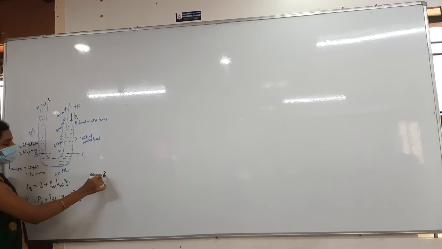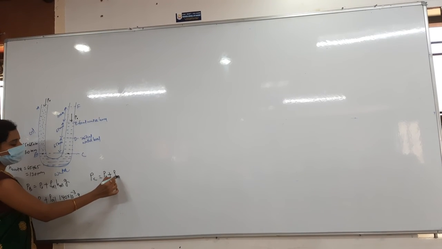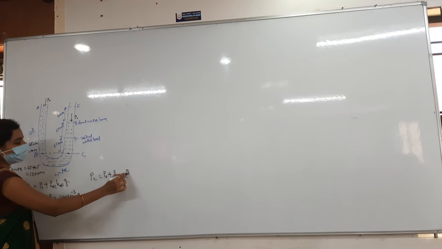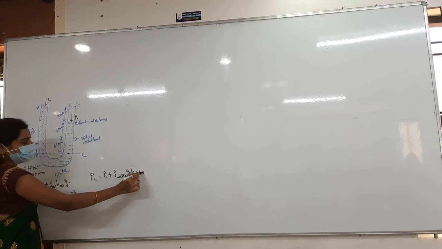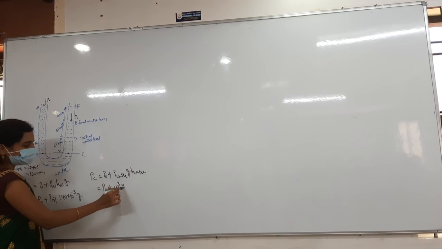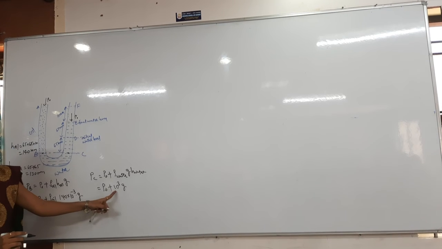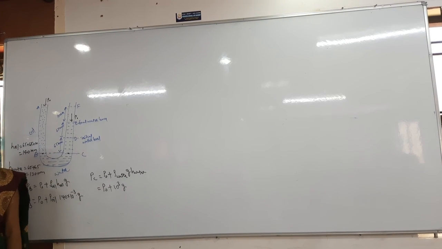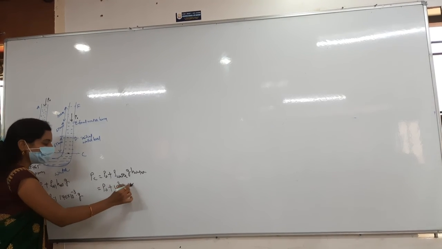So PC is P naught plus rho of the water, g, and the height of the water. Rho of water is 10 power 3, g, and the height of the water column here is 130 mm.